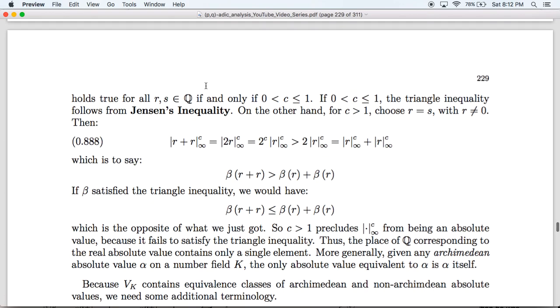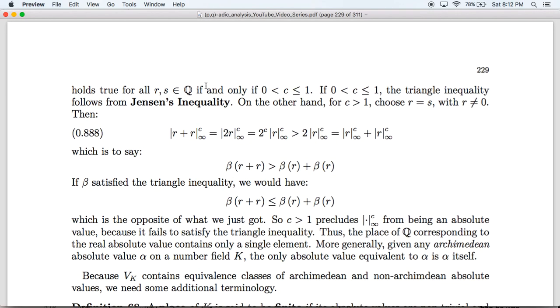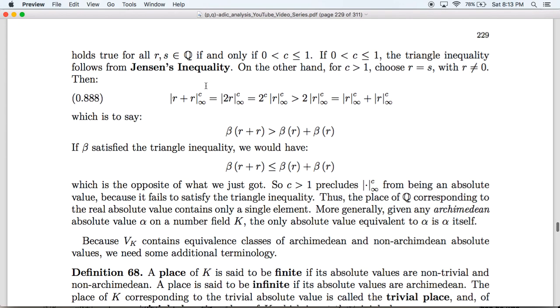More generally, given any Archimedean absolute value alpha on a number field, the only absolute value equivalent to alpha will be alpha itself. So in this respect, you can think of the trivial and Archimedean absolute values of k as thin. They're just individual points, whereas with the non-Archimedean absolute values, we get equivalence classes.